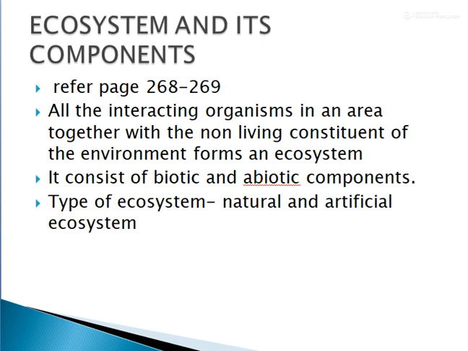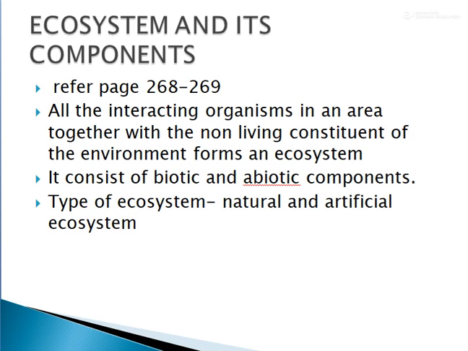Okay, next, on the second point, it consists of both living and non-living components. Third, we have two types of ecosystem. The first one is natural and the other one is artificial.